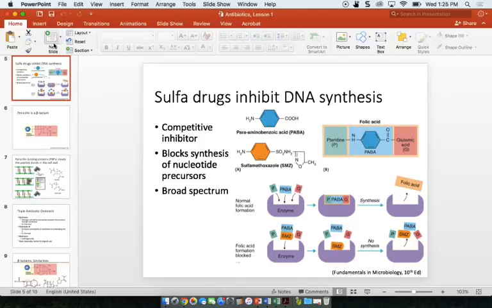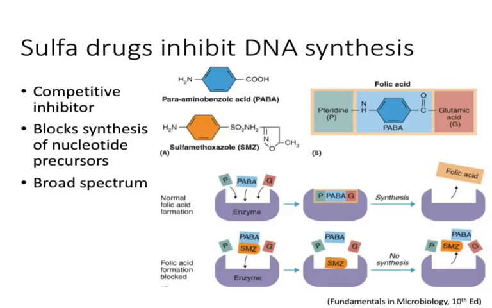Sulfa drugs inhibit the synthesis of folic acid, which has a number of different functions, but one of its functions is that it's a precursor for nucleic acids and nucleotides. So the sulfonamide, in this case sulfamethoxazole, binds to the active site of the enzyme, competing with what's known as PABA for the active site, making it what kind of inhibitor?